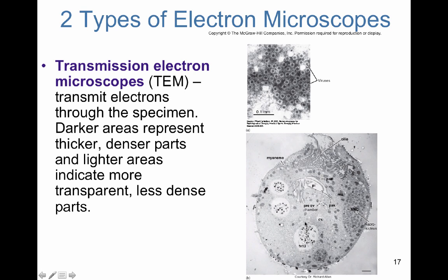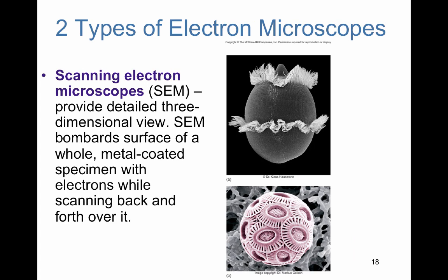Now again, you can see some pretty small stuff. You can look at, for example, a herpes virus or an Ebola virus, but with the transmission electron microscope, it is not in color and is not in 3D. This is different from scanning electron microscopy, which provides these amazingly beautiful, detailed 3D images of a specimen.